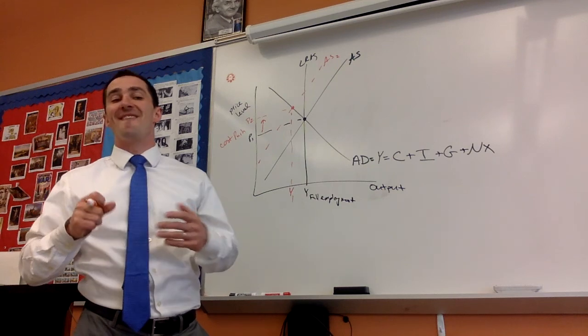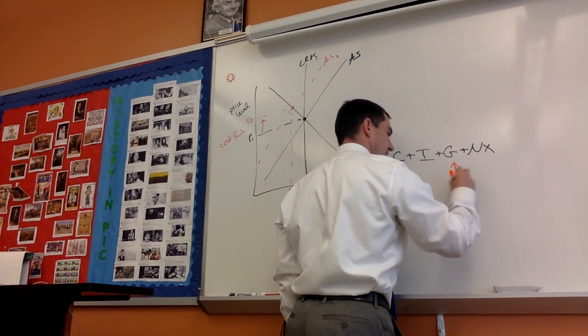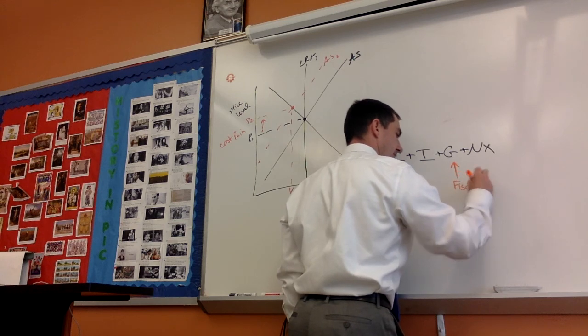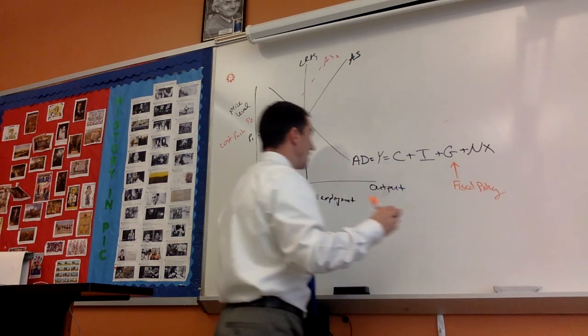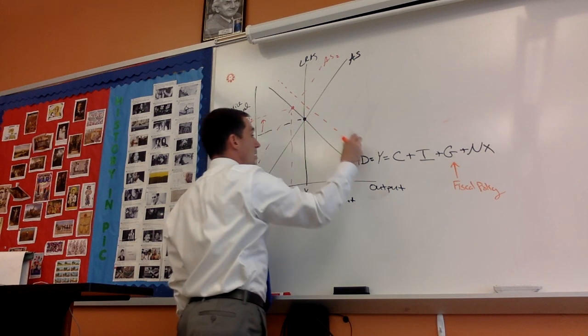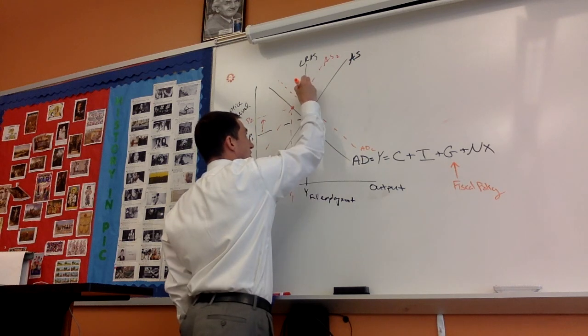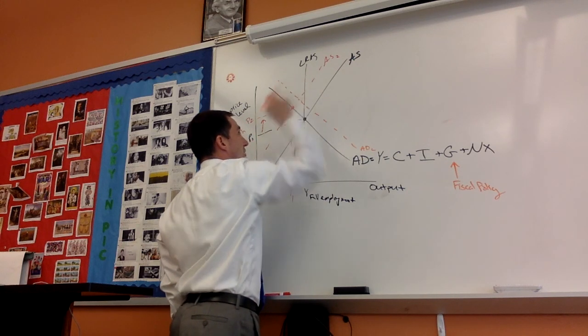The government could use fiscal policy to shift aggregate demand. They don't know how much they're shifting. They'd love to shift it all the way here and get it back into long-run equilibrium.